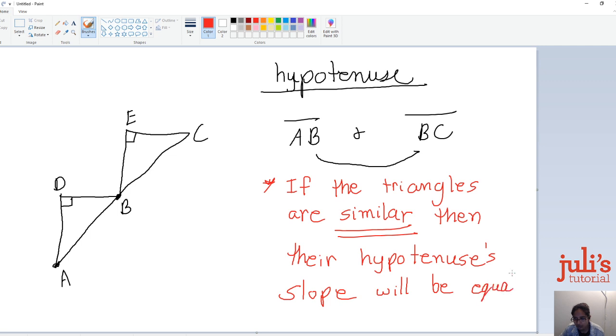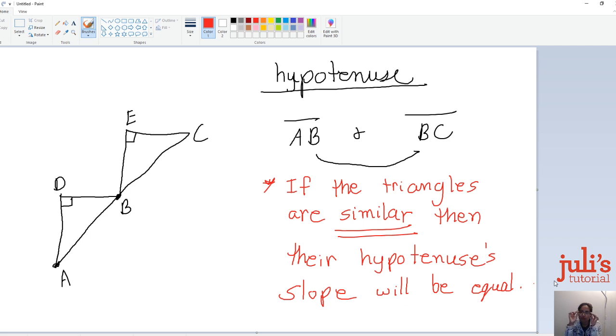So please write this down and really know this: if two right triangles are similar, then the slope of their hypotenuse will be equal.